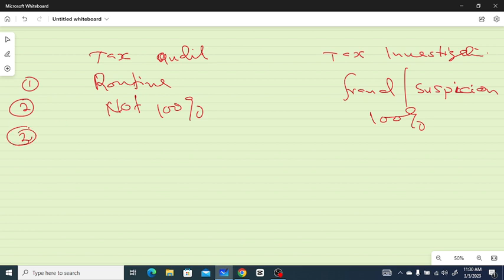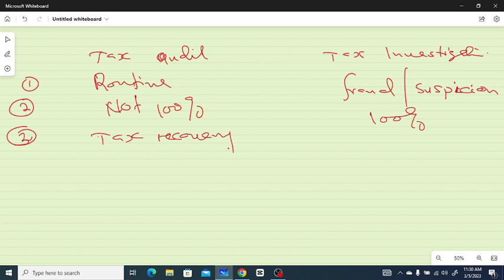Number 3, the tax audit has essentially tax recovery as the outcome. The outcome of this is tax recovery, while the tax investigation has prosecution as an expected outcome.